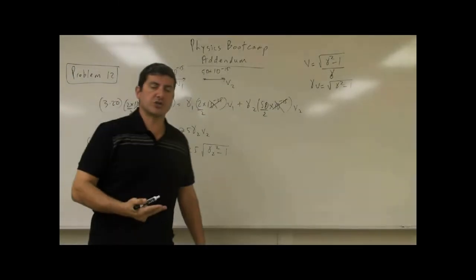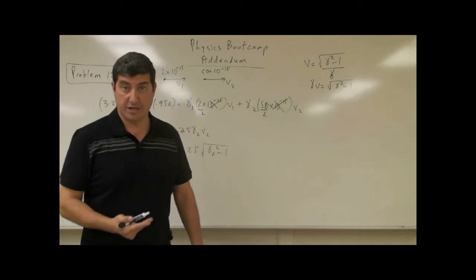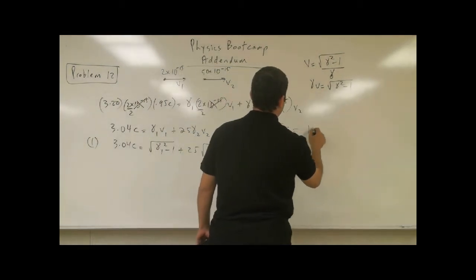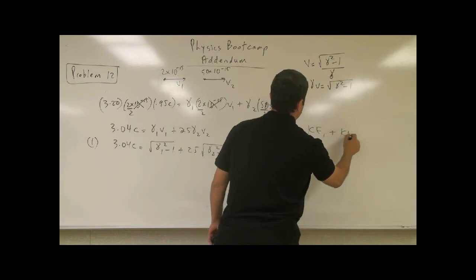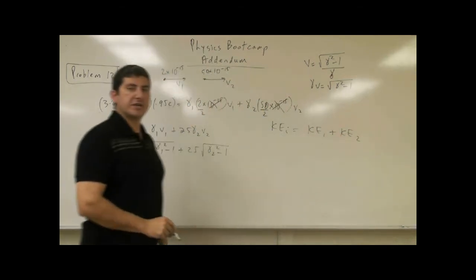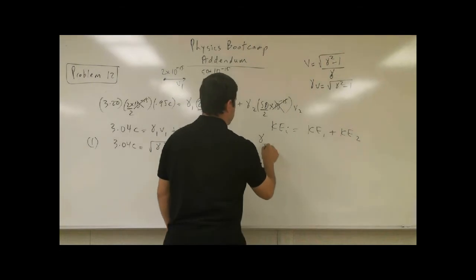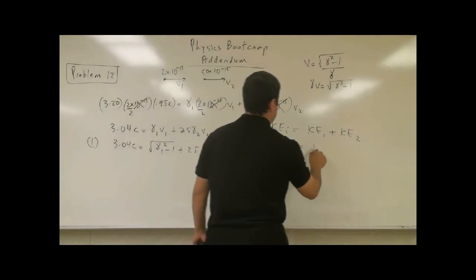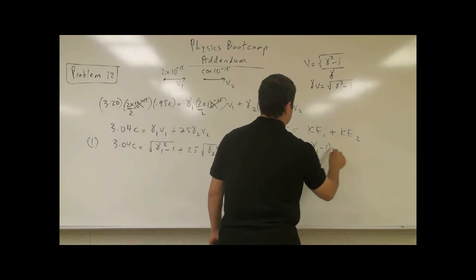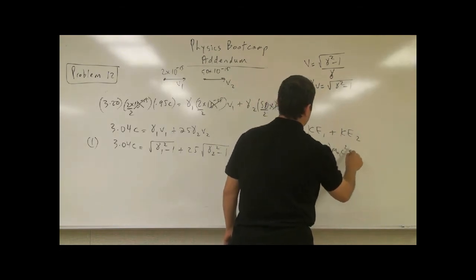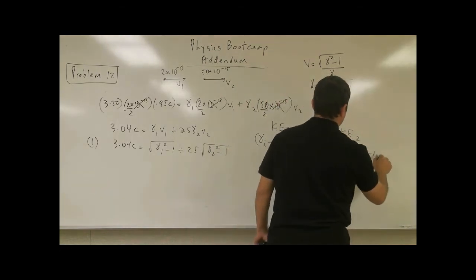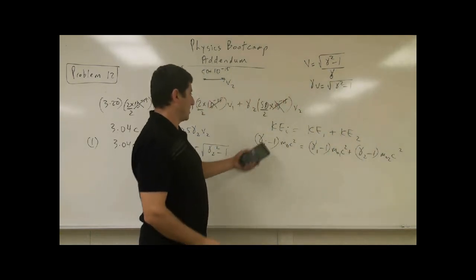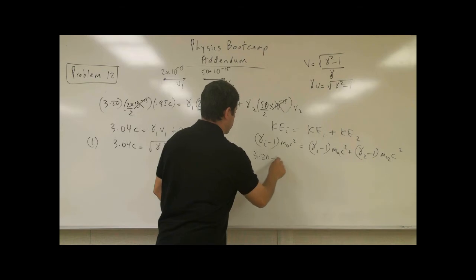Now we need another equation, and that equation is going to come from the kinetic energy conservation. Okay? Kinetic energy initial must equal kinetic energy 1 plus kinetic energy 2. What's the initial incoming kinetic energy? Gamma initial minus 1 m0 c squared is equal to gamma 1 minus 1 m0 1 c squared plus gamma 2 minus 1 m0 2 c squared. Okay, this is again 3.20 minus 1.